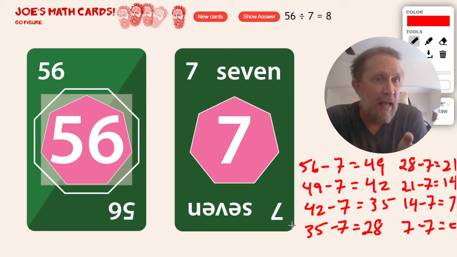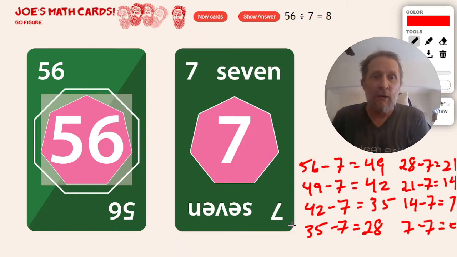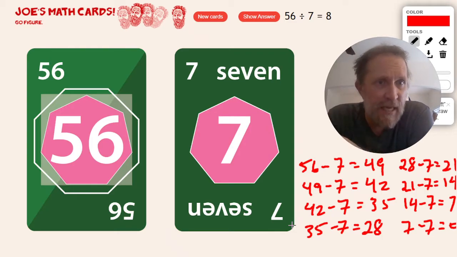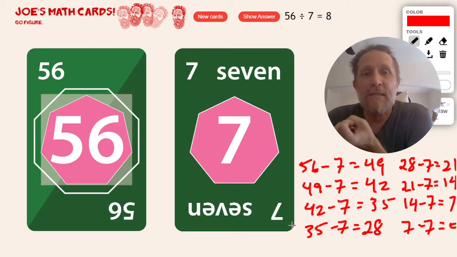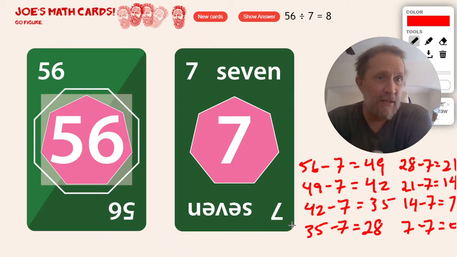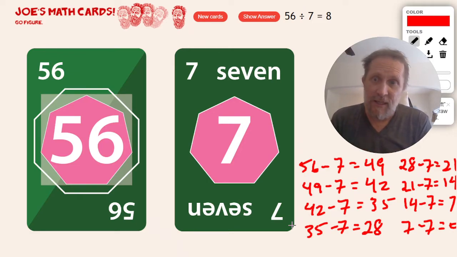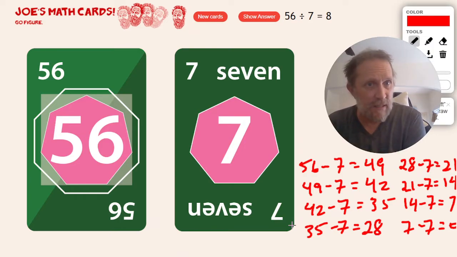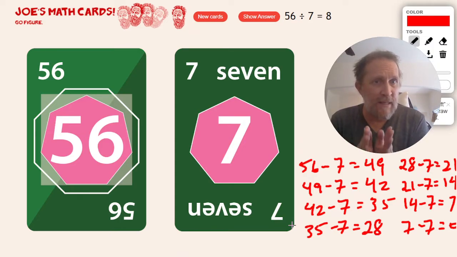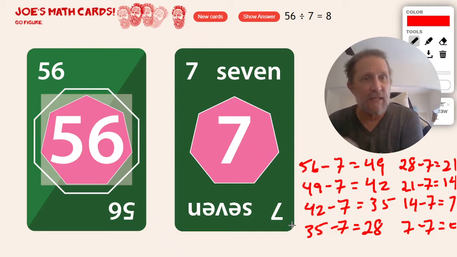So that's an explanation for what division is. But in practical terms, the way to do it is to just think, what times 7 will equal 56? What is the number that I multiply times 7 to get to 56?